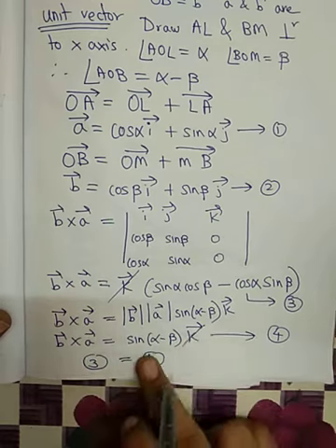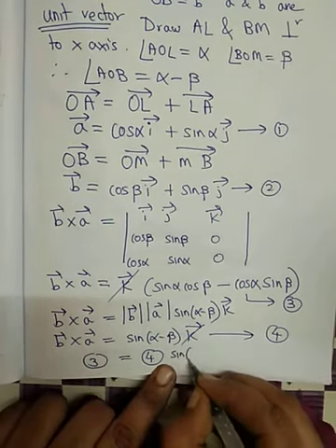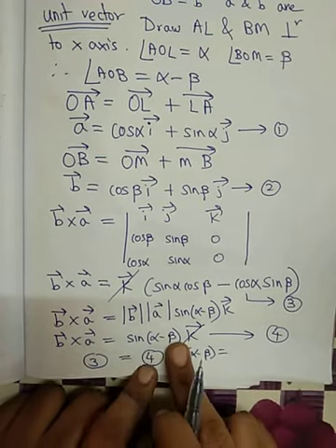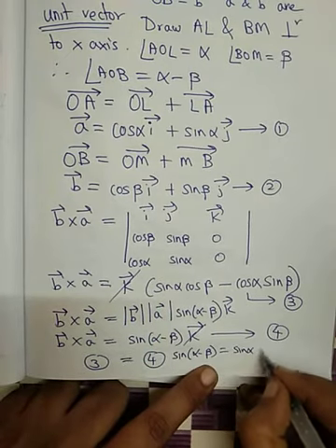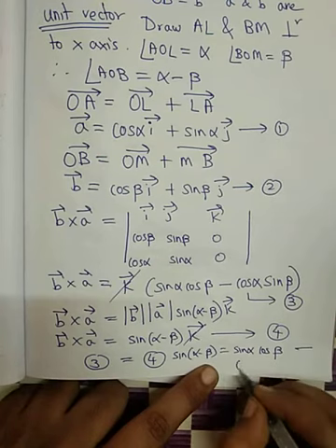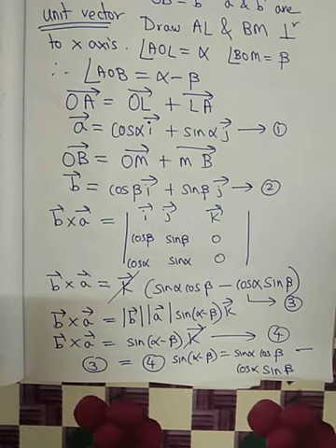So let me cancel. Then the remaining is your answer. So what is our answer is sin alpha minus beta is equal to, right hand side what I should write, sin alpha cos beta minus cos alpha sin beta. So we have proved the formula.